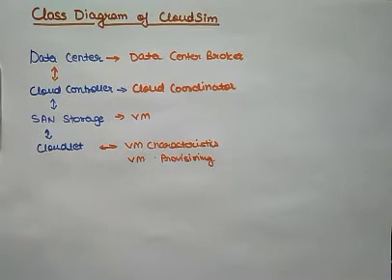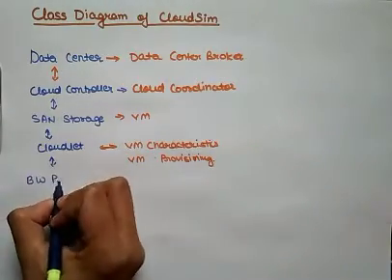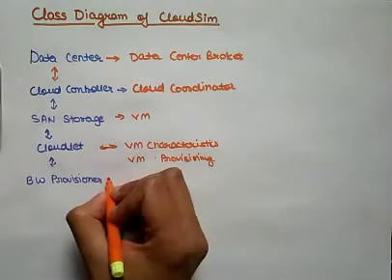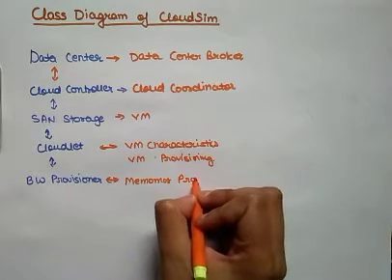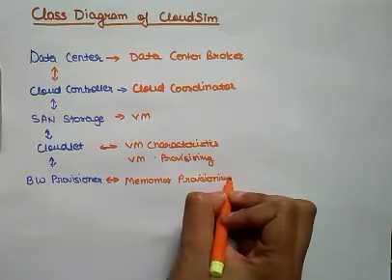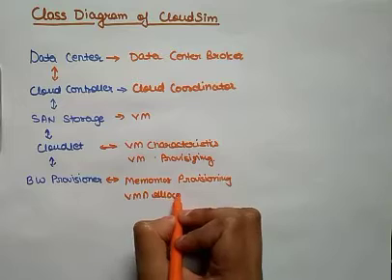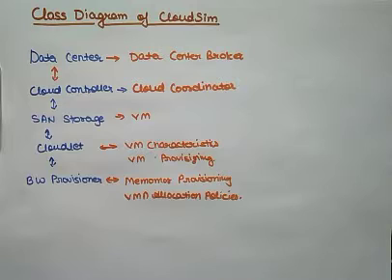The last class is BW provisioner. It also has 2 classes, that is memory provisioning and the next is VMM allocation policies. So all these are the classes taken under the CloudSim system. Now in this video we will discuss all these classes in detail.